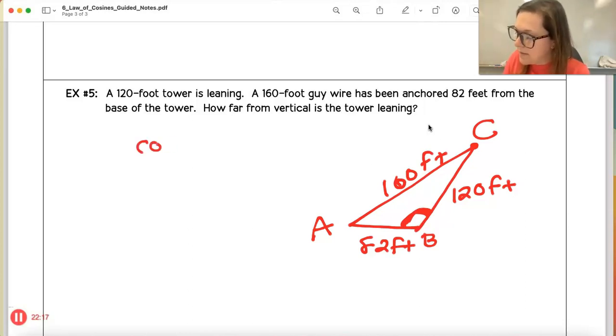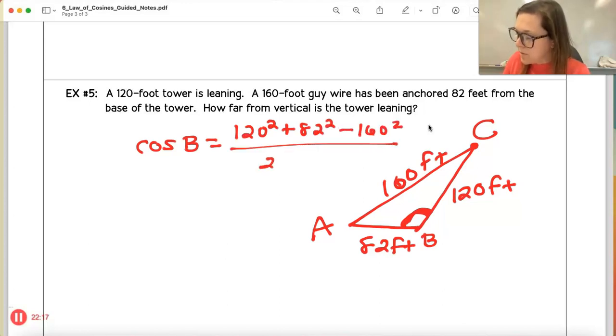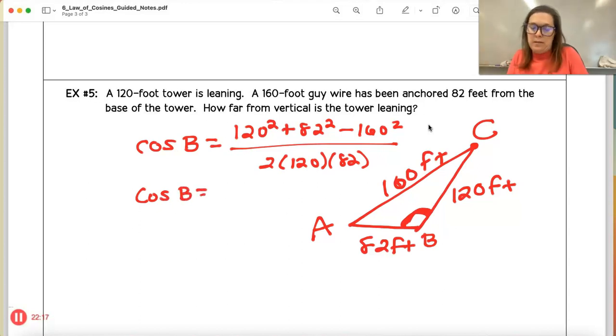So the cosine of B is equal to 120 squared plus 82 squared minus 160 squared all over 2 times 120 times 82.